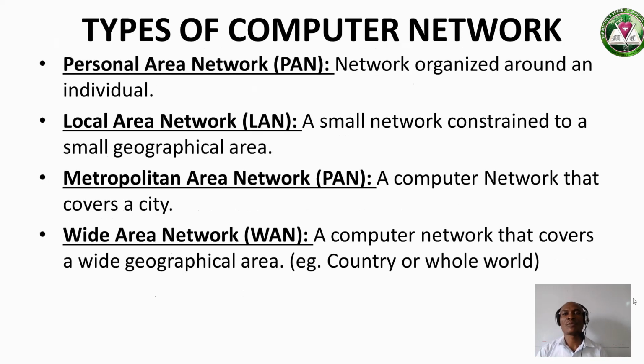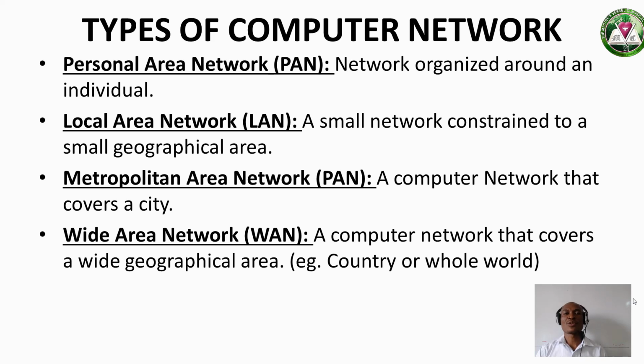Let's look at types of computer network. Here we are considering types of computer network according to the span, the scope of coverage, the distance they cover. Computer network here is considered based on the area they cover.